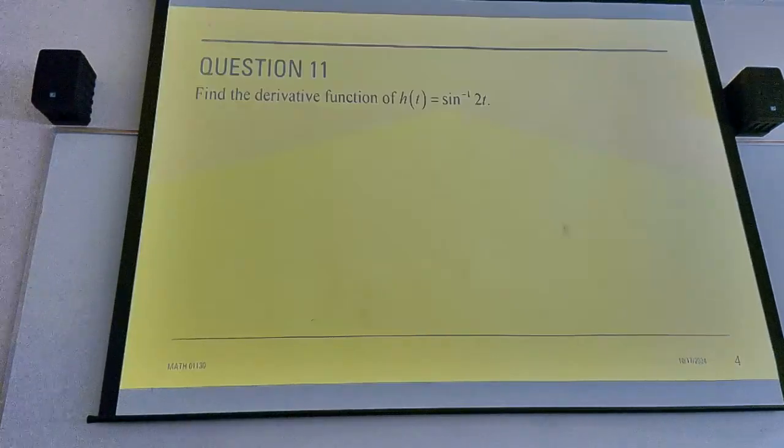Inverse trig functions. What is the derivative of the inverse sine?